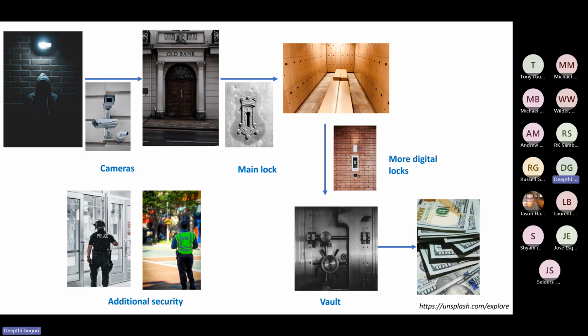Let's say he crossed the cameras in the parking lot, and then he broke the main door of the bank somehow. The bank was closed that day, so he broke the main lock. Let's say he entered into the little lockers in the first room, but each and every locker had a little key that he had to break.